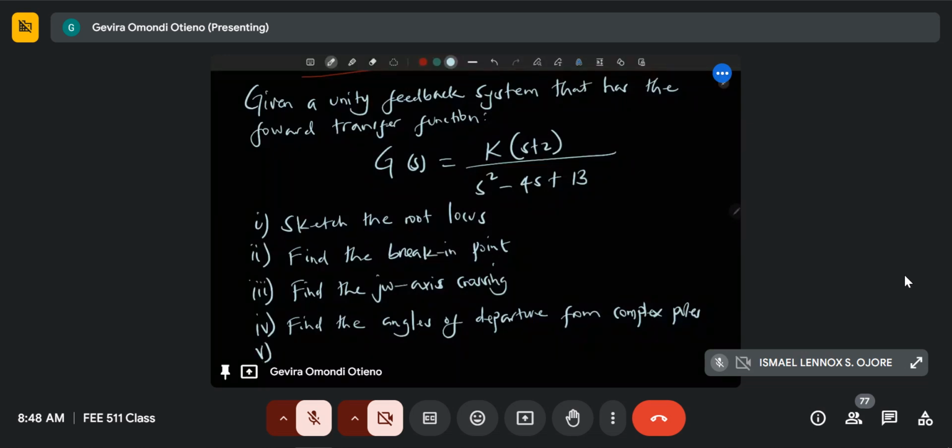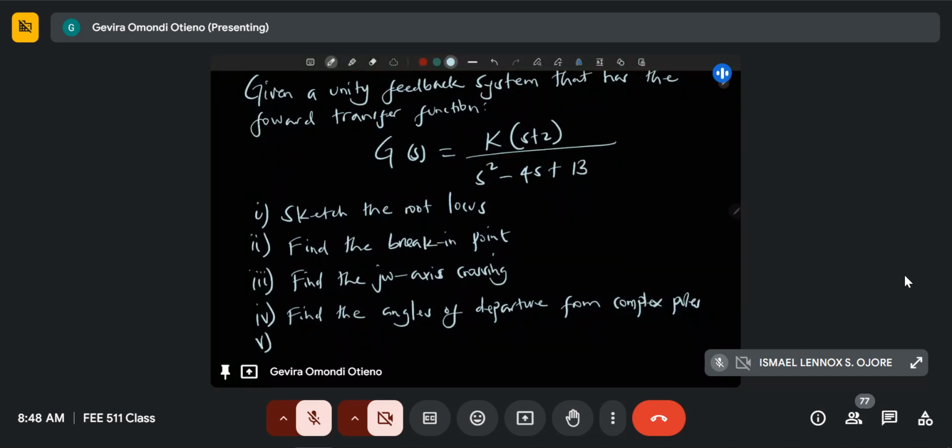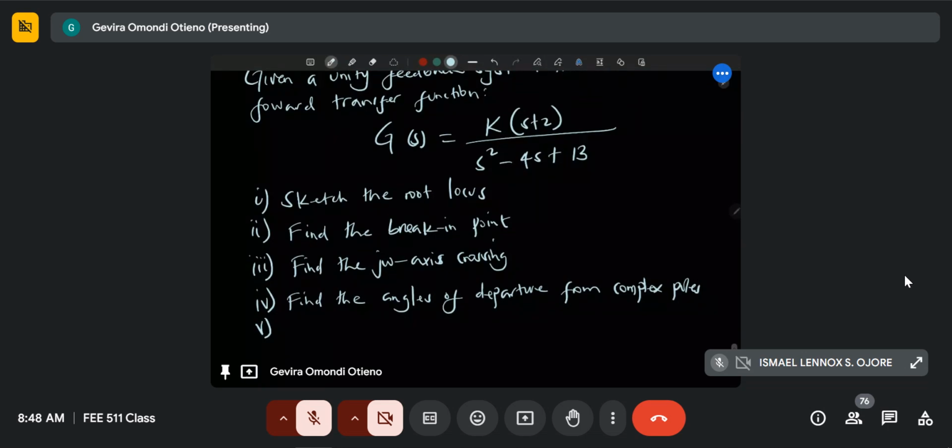Number 5, find the range of gain K within which the system is stable. This is like a 10-mark question, so it is long.